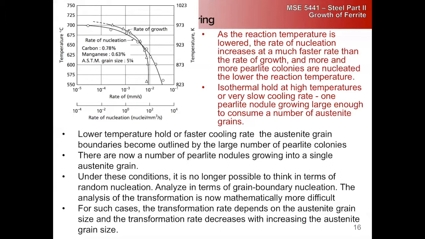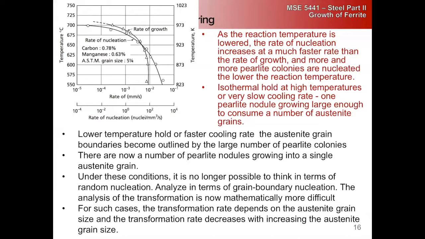So in each of these conditions, right, we can't think of this in terms of random nucleation, right? It's always grain boundary nucleation. And so mathematically, the treatment of this is pretty difficult, right?